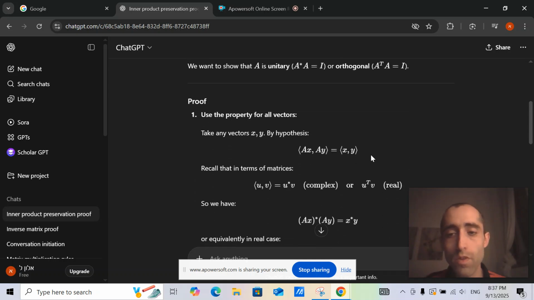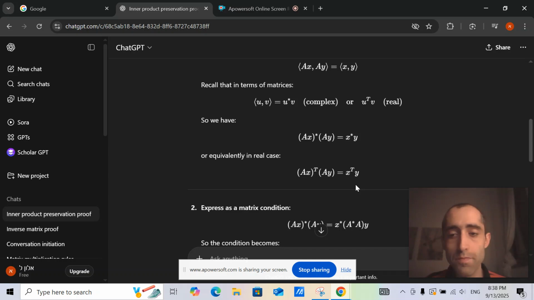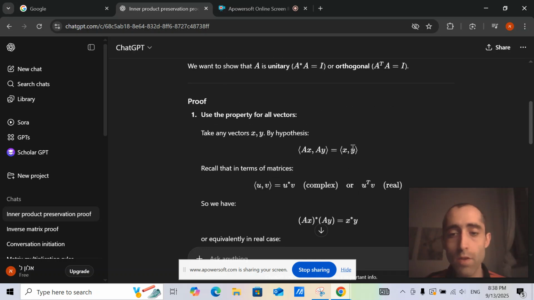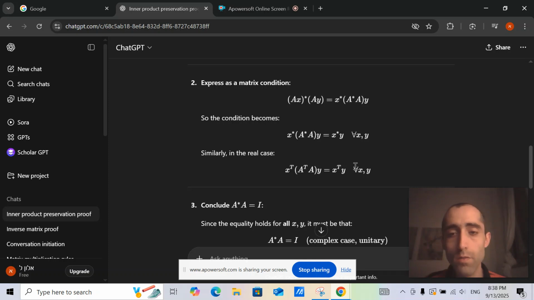So we start with preserving the inner product, as we said, this one. And you can write this by the definition of inner product like this in the complex space, or this in the real space. Okay, and on the right side you can write it as this in the complex space, or this in the real space. We continue.